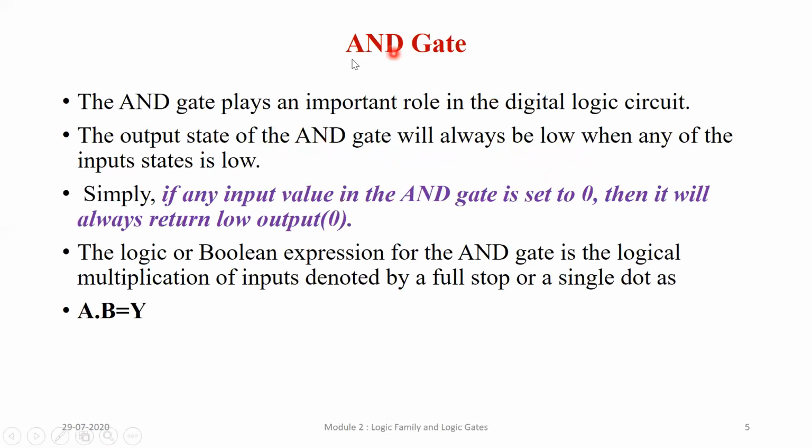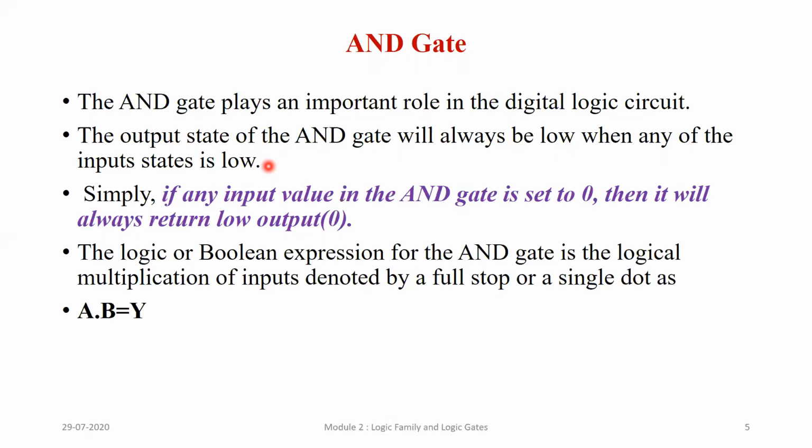So first one, we start with an AND gate. Write down this name. What is an AND gate? The output of an AND gate will always be low when any of the input states is low. So, the ANDing operation. Now, what is the ANDing operation?